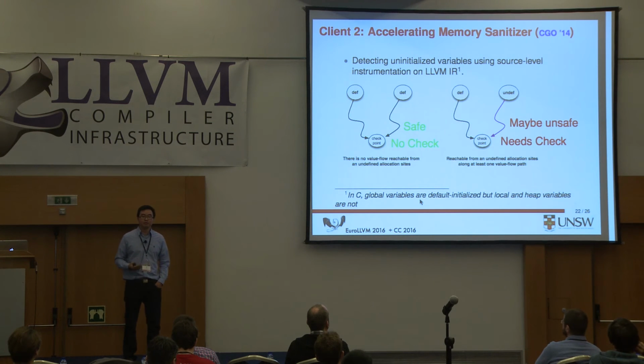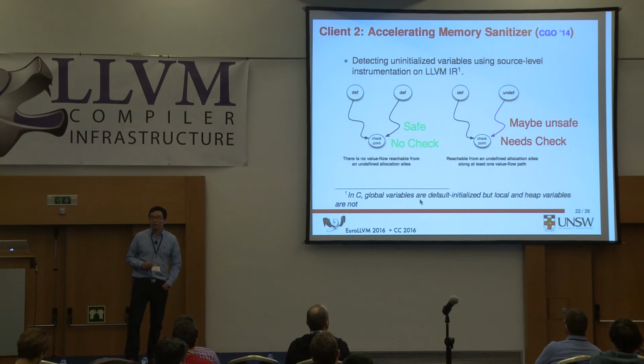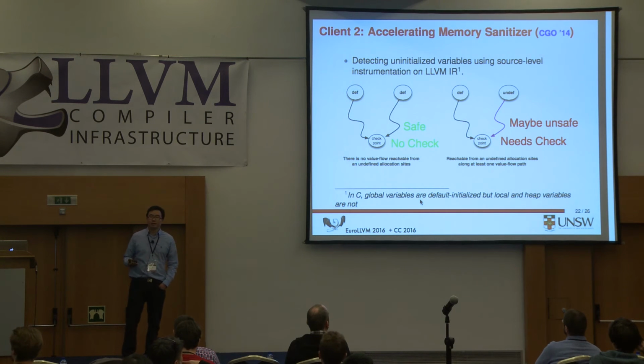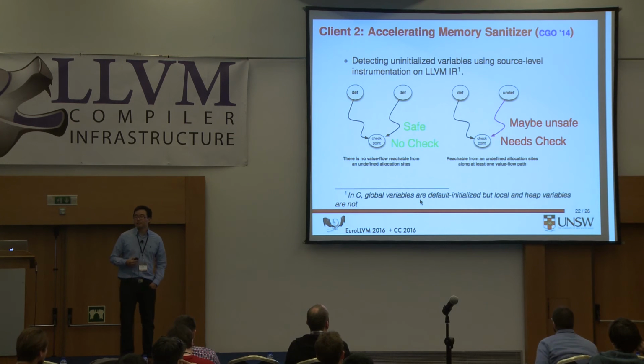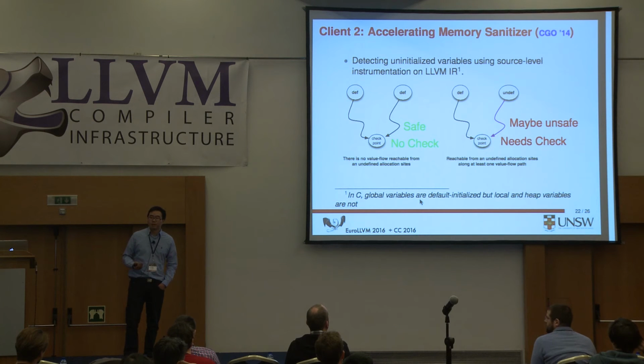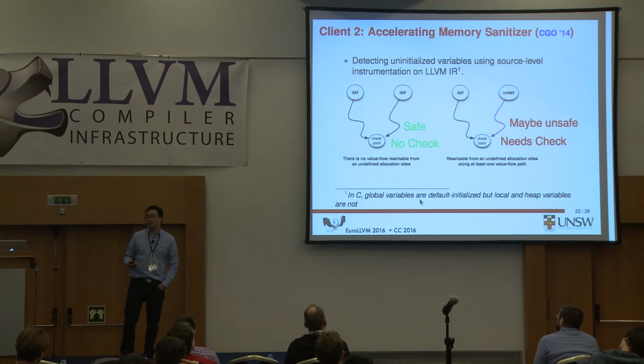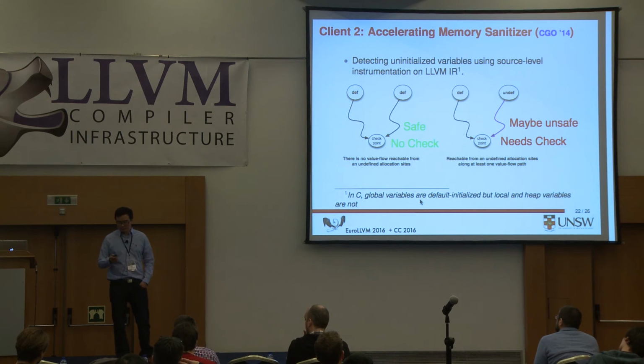The basic idea of this work, which was done in 2014, is to identify safe memory accesses according to the value-flow information. We say a memory access or check point is safe if there are no value flows reachable from an undefined location. If there is at least one, we just keep this check.